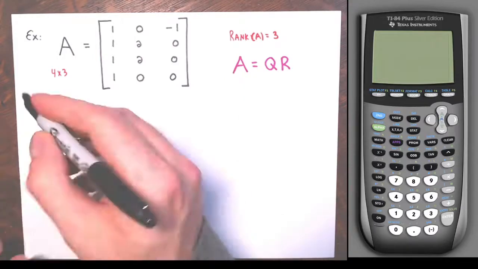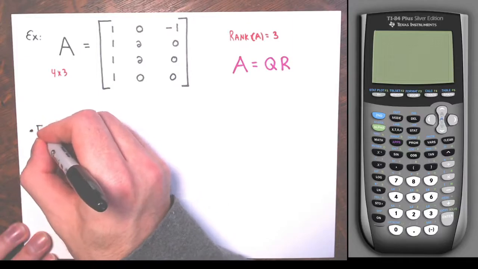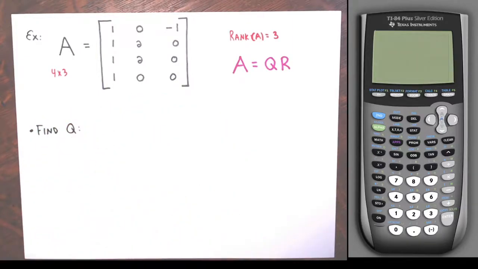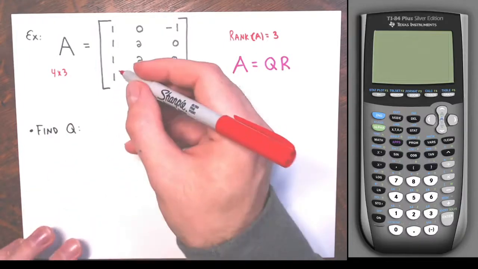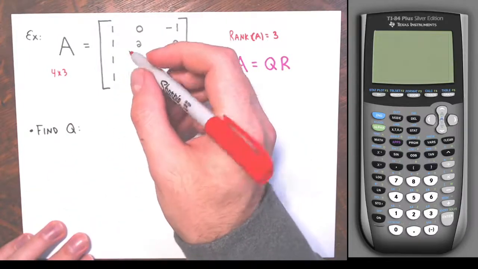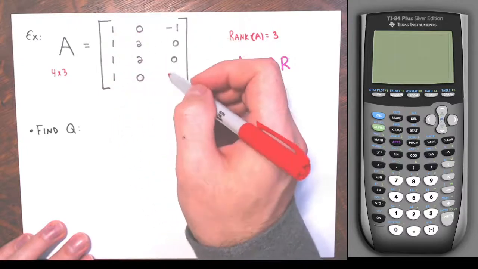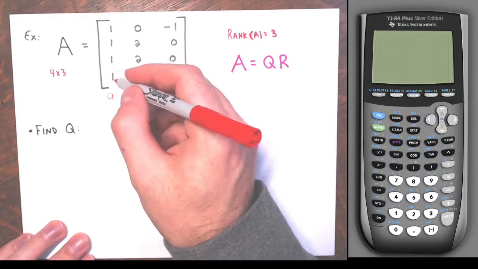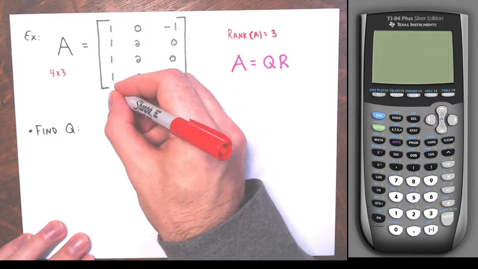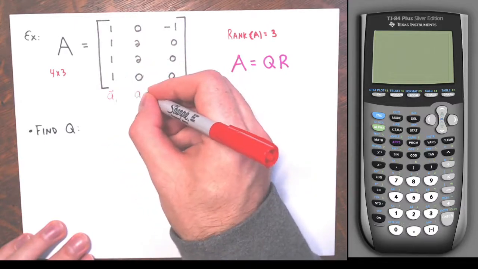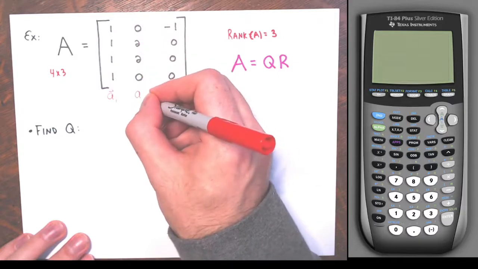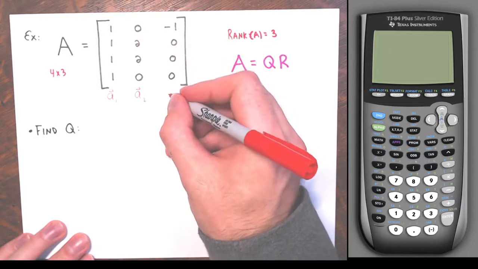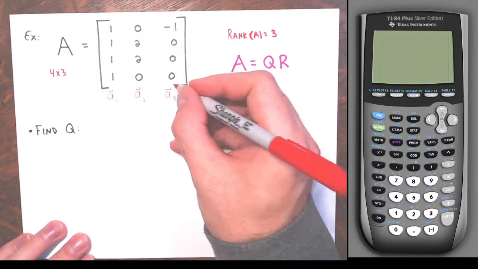So I'll start off again by finding that Q using that Gram-Schmidt procedure. Just as with the last examples, all 3 columns here are independent. First column with the 4 ones, 1, 1, 1, 1, I'll call vector A1. Second column with 0, 2, 2, 0 is vector A2. And the third column with negative 1, 0, 0, 0, A3.